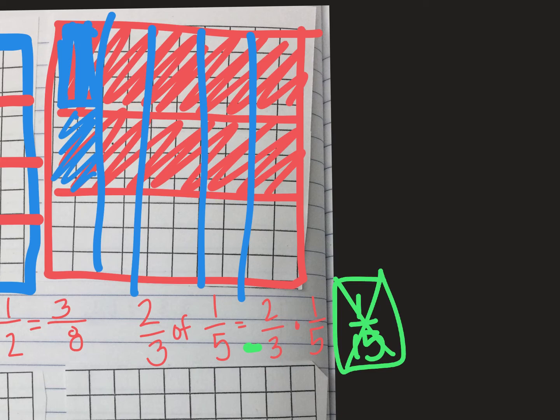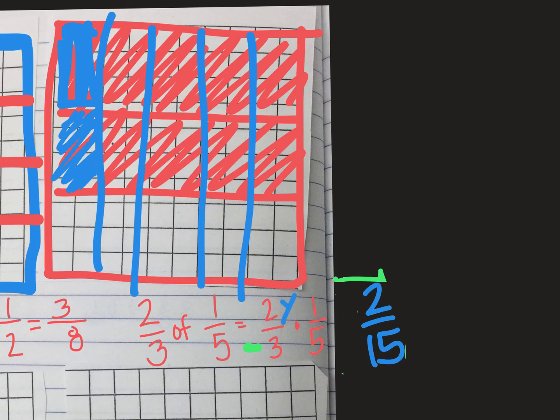I forgot. It's 2/3. So 1/5 of 2/3 is both of those. So, oops. It's going to be 2/15. And if you notice, I checked it because I looked at these numbers and I saw 2 times 1, 3 times 5.